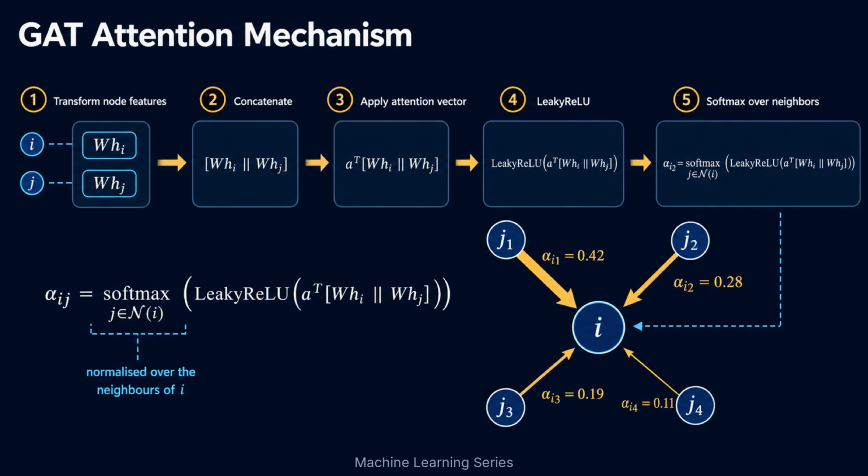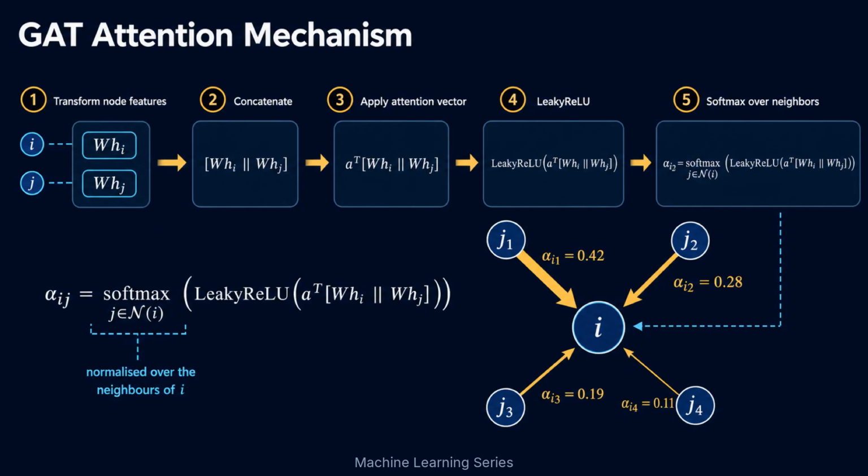Now let's see exactly how GAT computes attention. For a pair of connected nodes i and j, we first transform their features through a shared weight matrix, W. Then we concatenate the transformed features. An attention vector, a, is applied to this concatenation, giving us a raw attention score. We apply LeakyReLU for nonlinearity, allowing both positive and negative scores with a small negative slope.